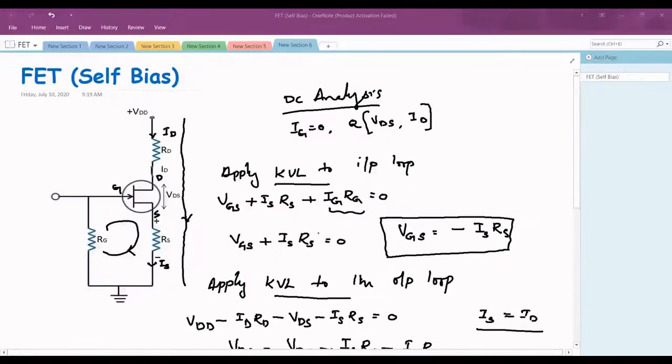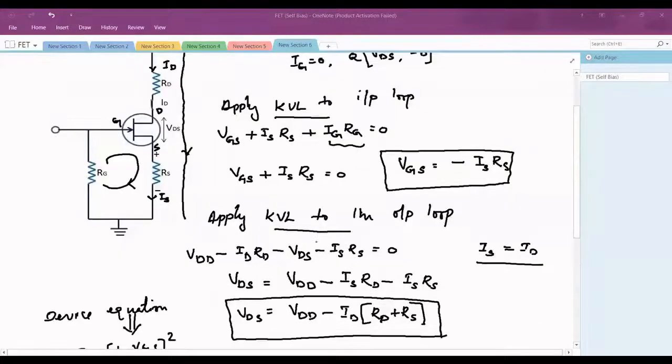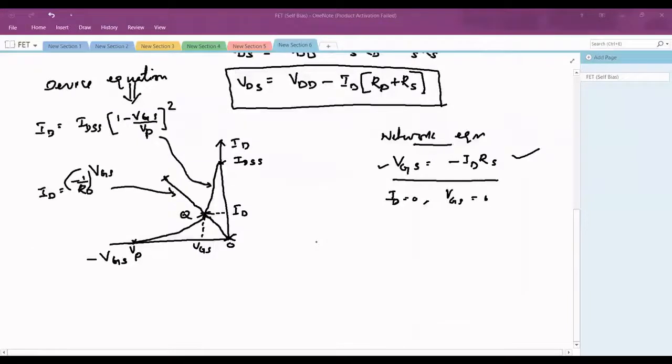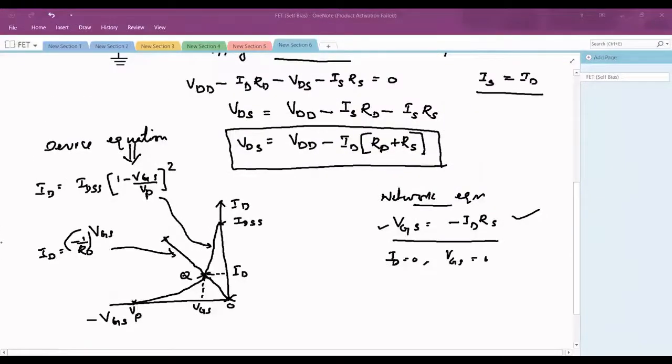Remember, this circuit provides two equations connecting the drain current and the gate source voltage. One is the equation based on Shockley's equation, provided here, and the second is the equation obtained from the network.